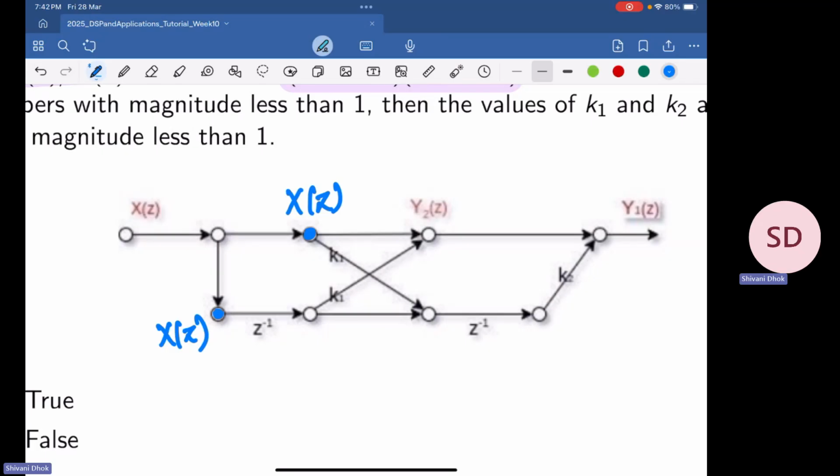Then this x of z gets multiplied by z inverse, so at this point we have z inverse x of z. This z inverse x of z is carried forward in the same way to this location also.